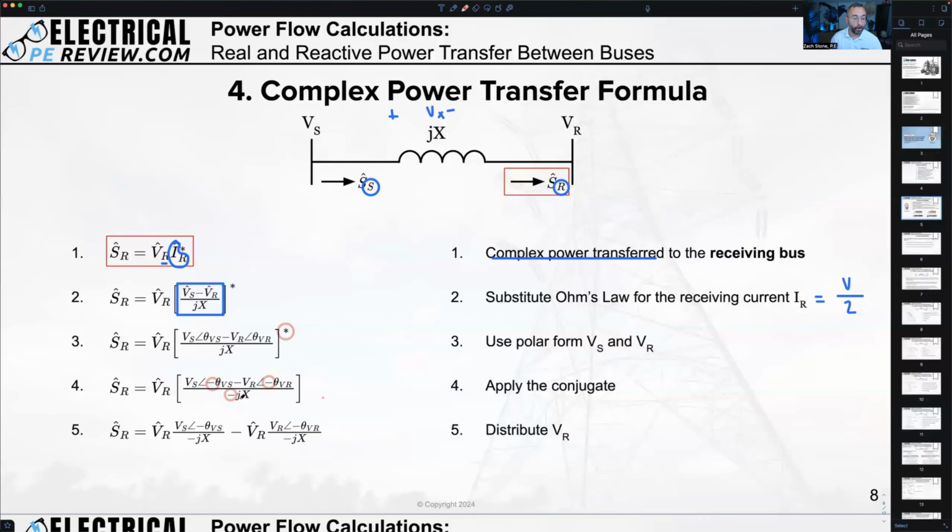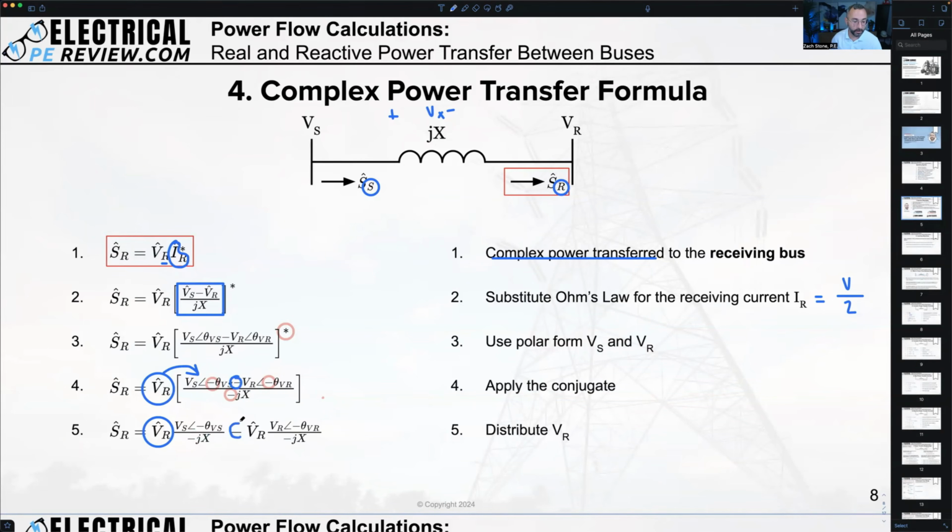All right, now from step 4 to 5, we're taking our complex receiving voltage and we're going to distribute it into that bracketed term. So now I've got complex receiving voltage times complex Vs with the conjugate divided by negative jX.